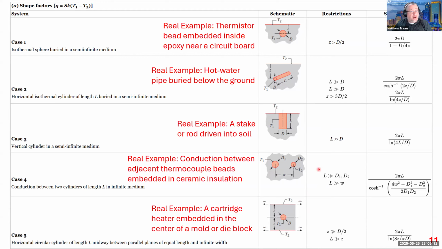If you encounter a problem on a quiz, let's say, and you look through the book and you find that the geometry that's given is not any of these shape factors in the book, that does not mean that it cannot be solved. That means that I am just challenging you to find the shape factor out in the literature, out on the internet with the help of AI, that will solve that particular problem with that particular geometry.